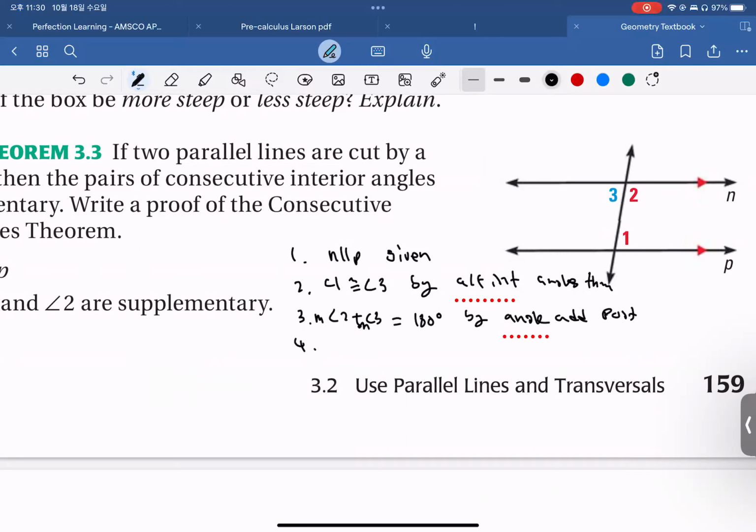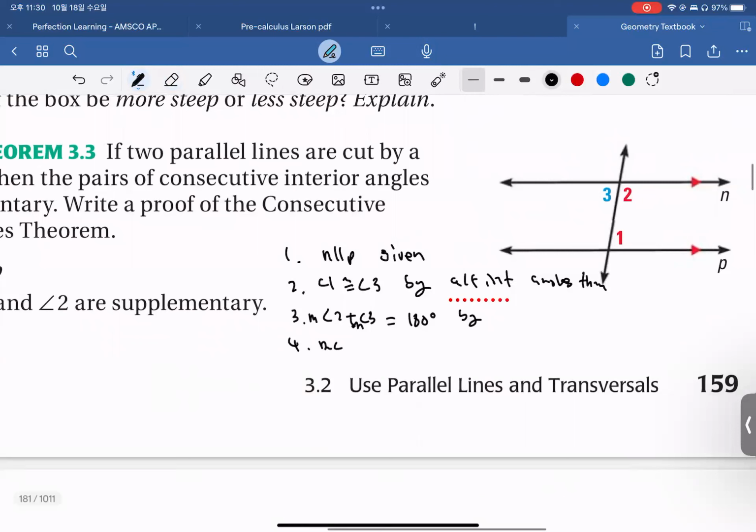The reason here would not be angle addition, but the linear pair postulate.